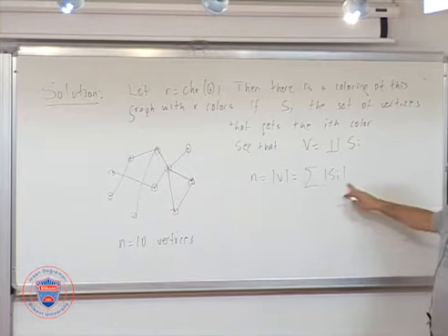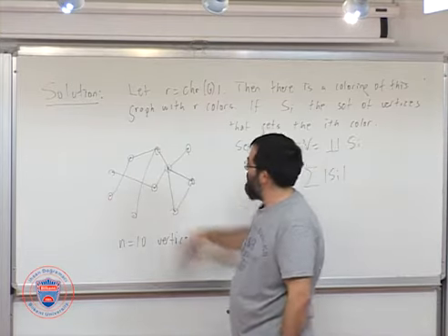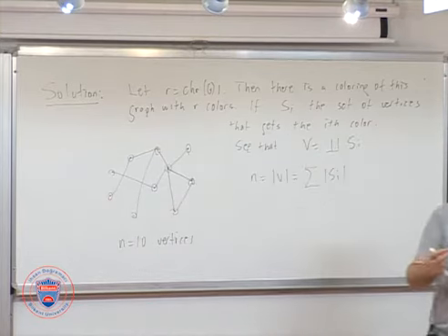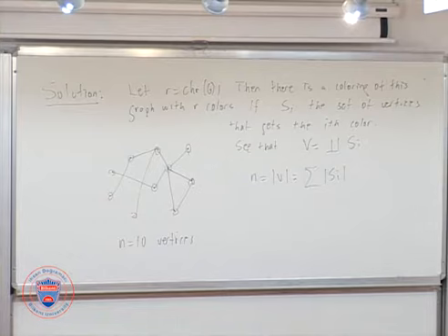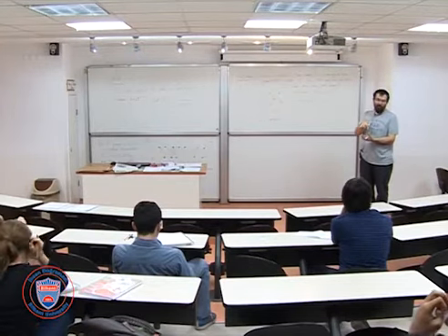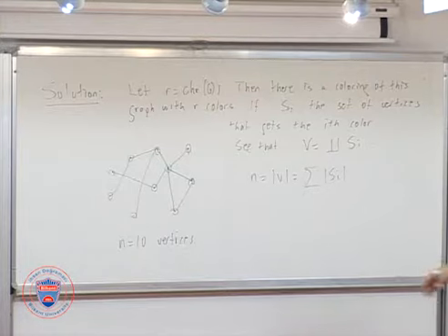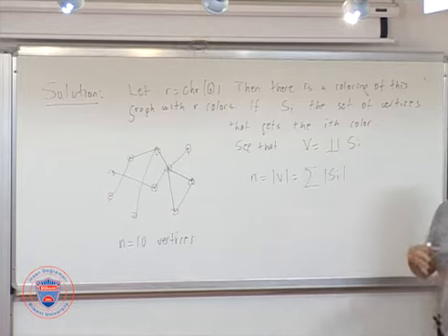But what is the thing about these sets? What you can see about the green ones is they cannot have an edge between them, right? So if you just focus on the green set, that should be an independent set. If you focus on the red ones, they should be an independent set. So each of these is an independent set.